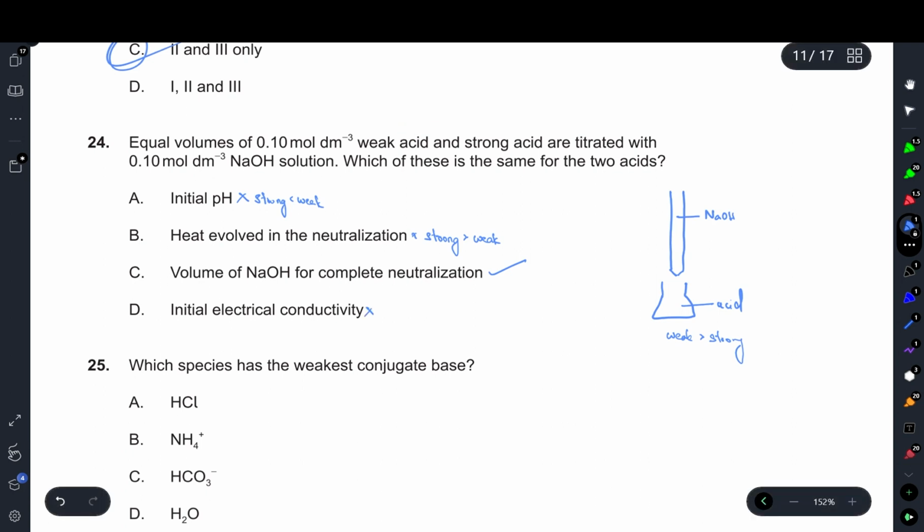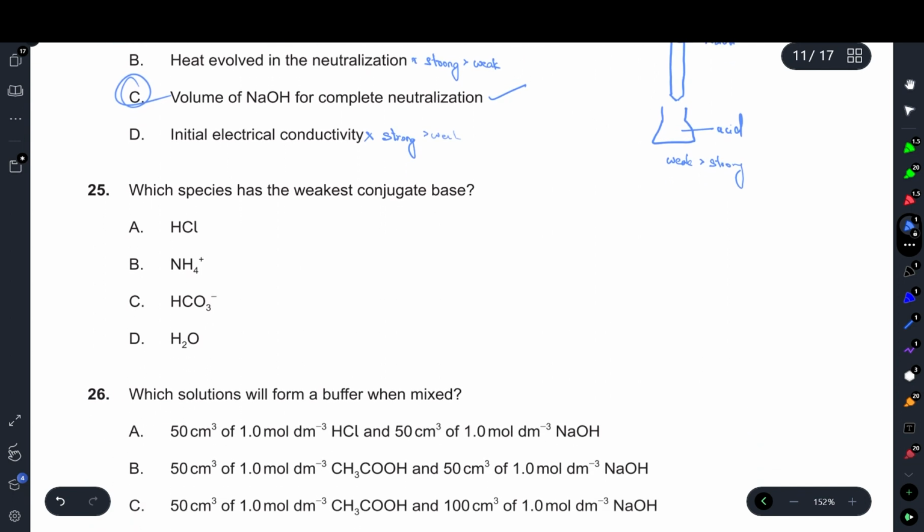And of course, electrical conductivity will be different because the weak acid does not have the same number of ions as a strong acid. So a strong acid is going to have better electrical conductivity in Siemens per meter than your weak acid. So 24th, option C.